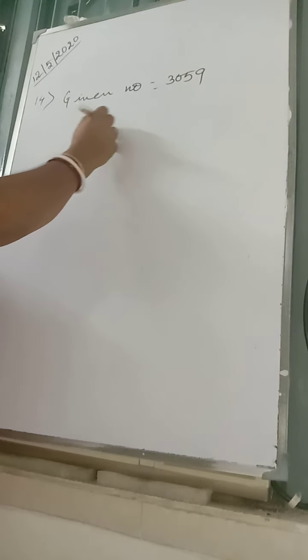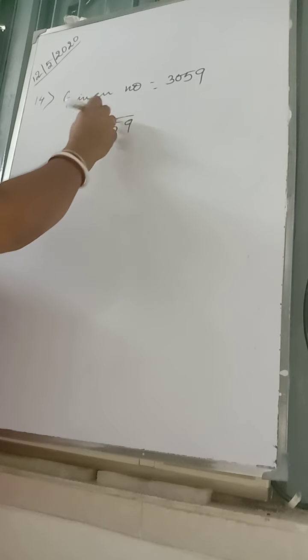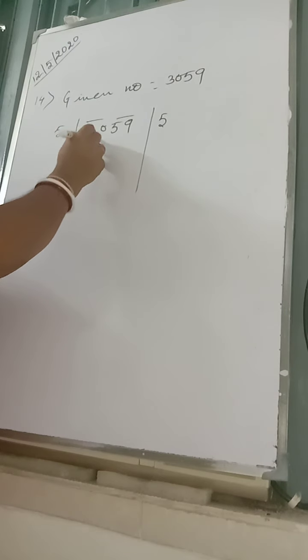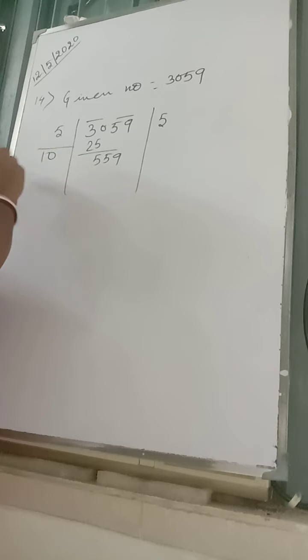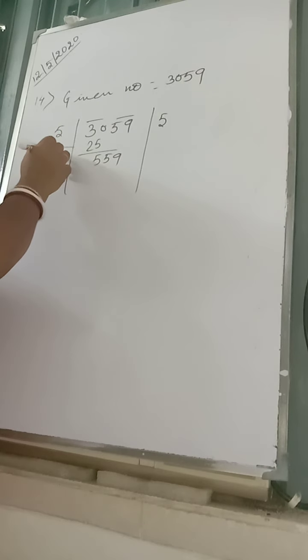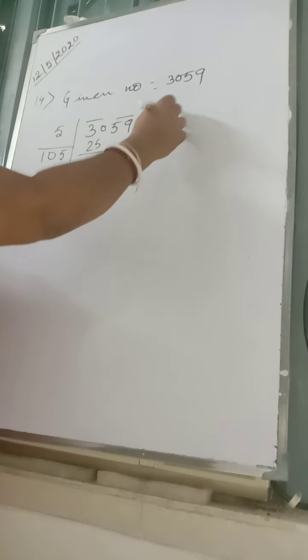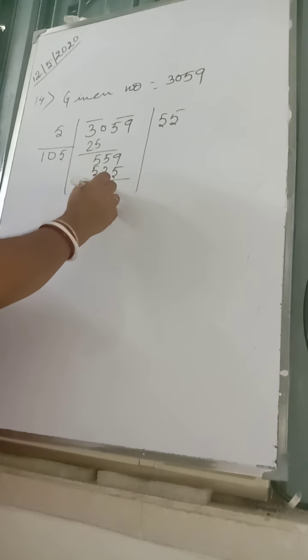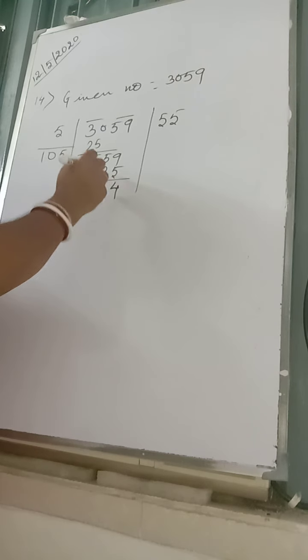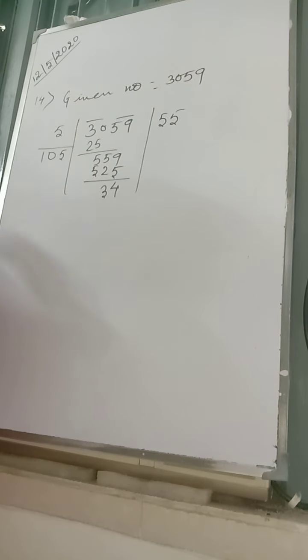Get the square root of it. 5 5s are 25, 5, 59, double of this 10, 5s are 50. So place 5, 5 5s are 25, 9 minus 5, 4, 34 is the remainder. But they have asked us added.